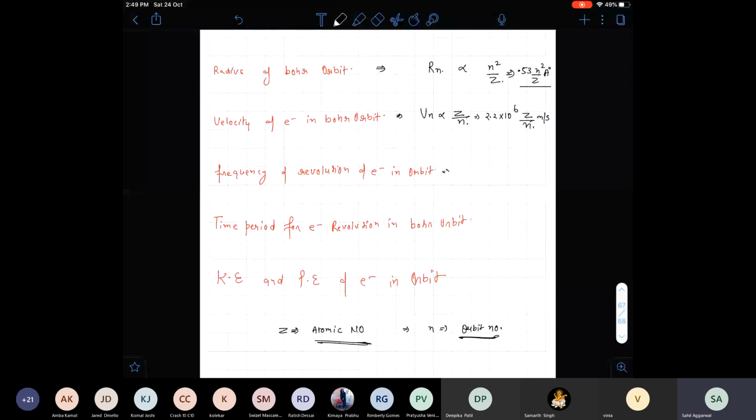Frequency will be z square by n cube. Time period will be n cube by z square. Copy it first.